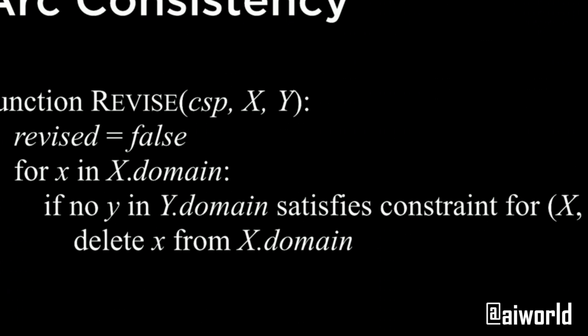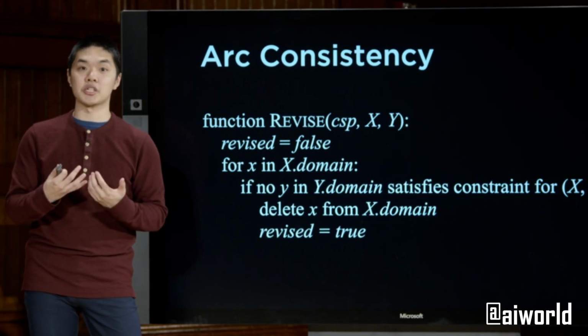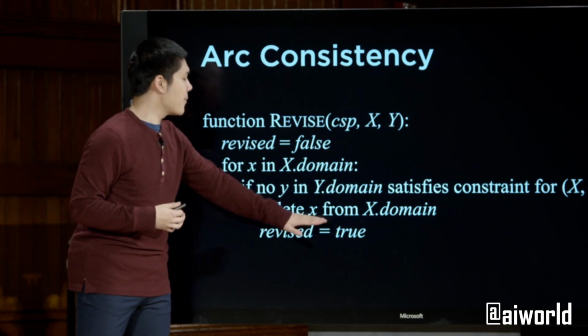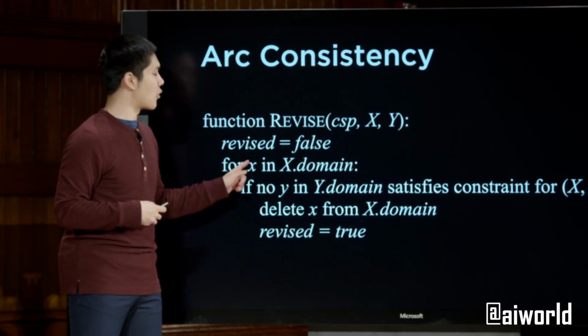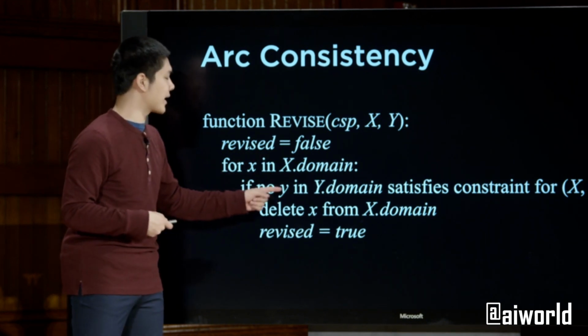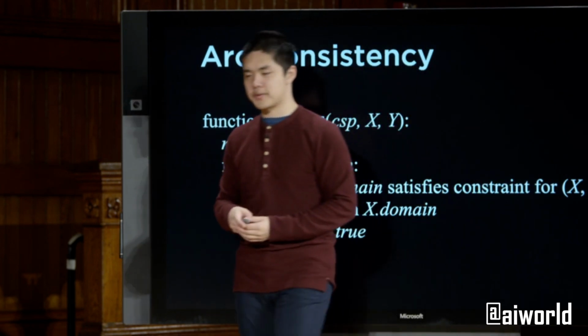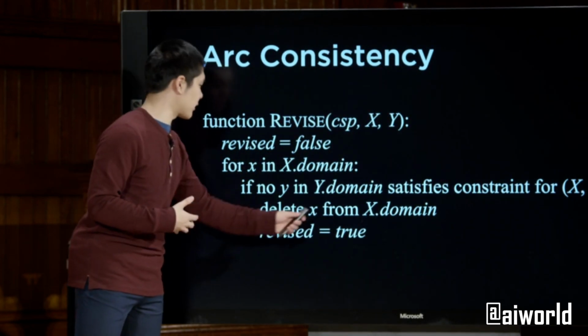So I'll delete x from X's domain, and I'll set revised equal to true, because I did change X's domain. I changed it by removing little x, and I removed little x because it wasn't arc consistent. There was no way I could choose a value for Y that would satisfy this XY constraint. So in this case, we'll set revised equal to true.